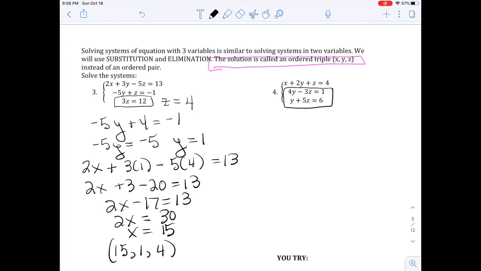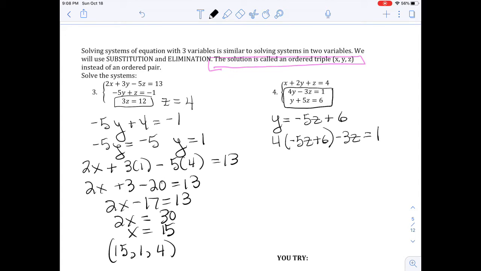So I think I'm going to use substitution here because I can rewrite this third equation as y equals negative 5z plus 6. And then I can go to the second equation, and in place of y, I can substitute negative 5z plus 6 minus 3z equals 1.